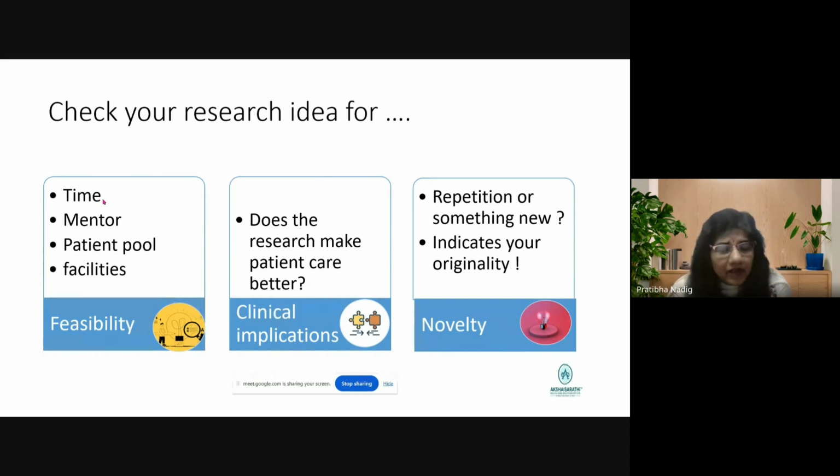If they are very determined, then we have no problem, and it's very good to do in such areas. But if the student wants to learn everything in 4 to 6 months, then we'll have to see whether this time permits, whether there's any mentor to guide the study design and do hand-holding, guiding whenever there's troubleshooting, and whether there is a patient pool. So feasibility you have to check.